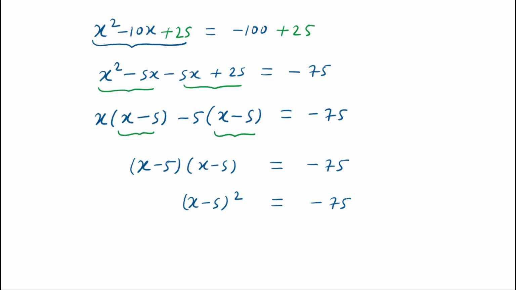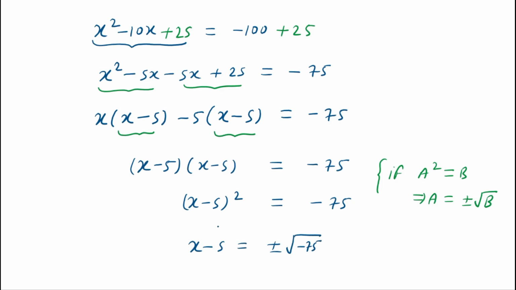Here we will apply this rule: if a square equals b, this implies a equals plus minus square root of b. Then x minus 5 equals plus minus square root of minus 75.